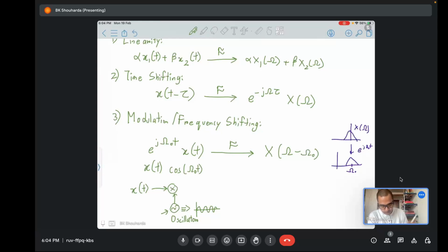And when we have this multiplication of x(t) with the sinusoid of a fixed frequency, this is called the modulated output.